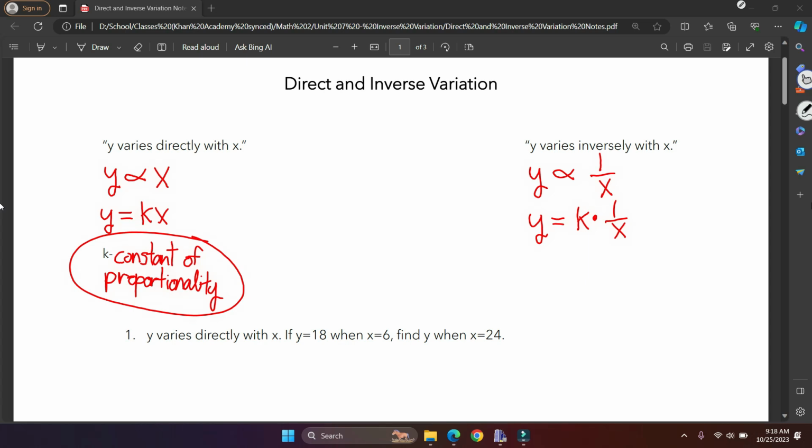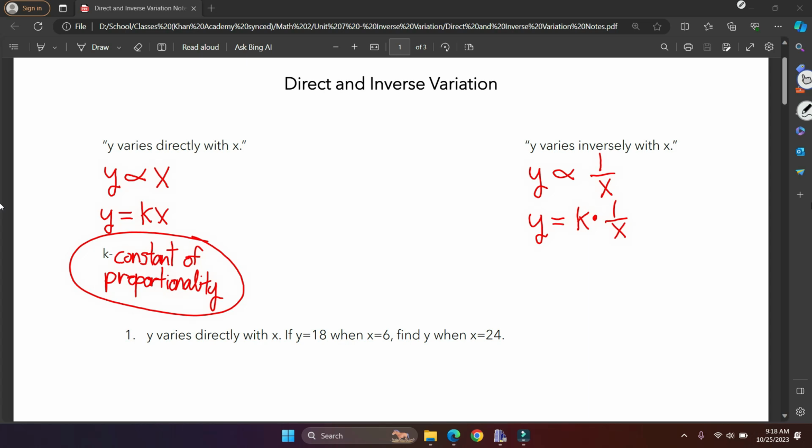We have direct variation, y equals k times x, and then we have inverse variation, y equals k times 1 over x. Now, from here, what we can actually do is rearrange each of these equations to reveal something interesting about them.